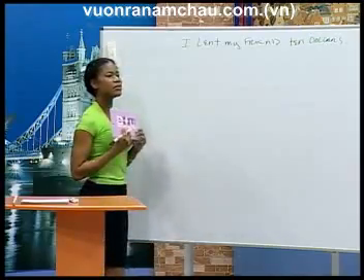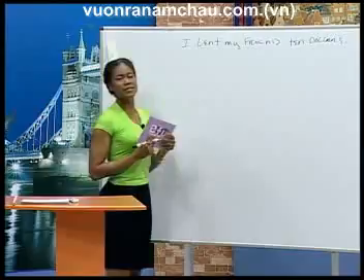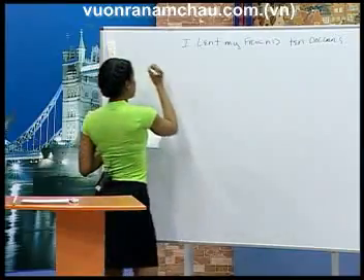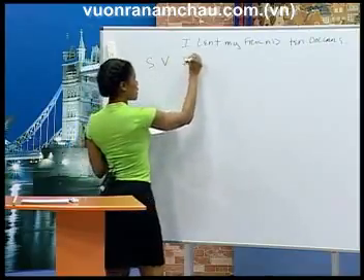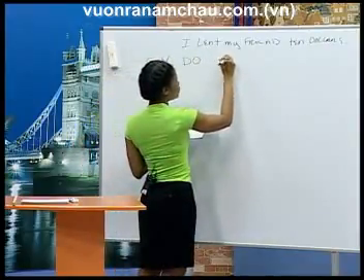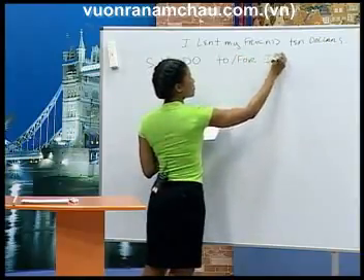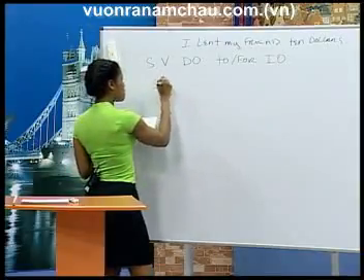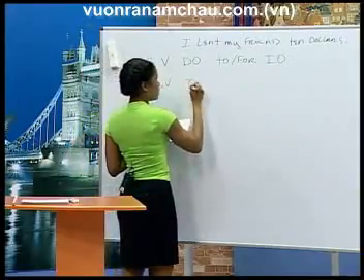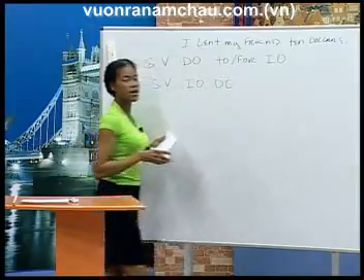Okay. And Sylvia, who did I lend to? My friend. Good. So there are two different ways to write the same sentence. You can write first subject, verb, direct object, to or for, and then the indirect object. Or a different way, subject, verb, indirect object, and then your direct object.